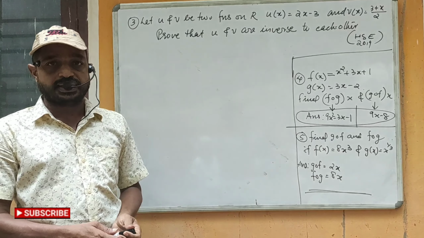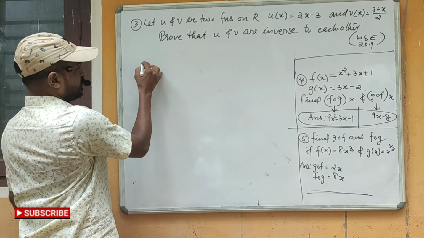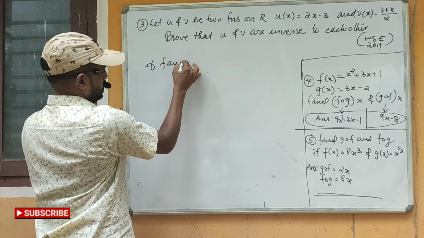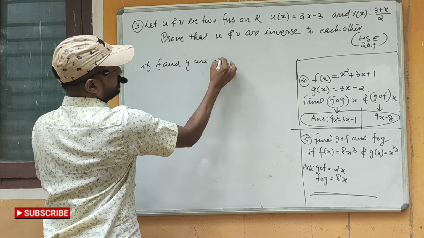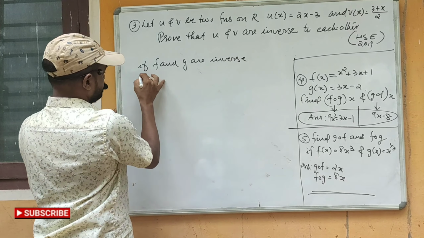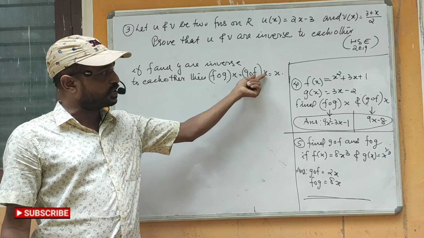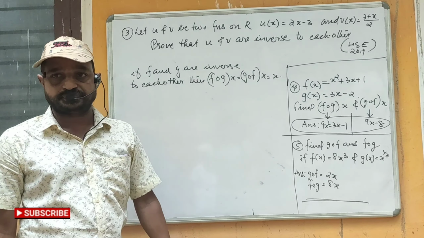We have seen that if f and g are inverse to each other, then f composition g of x is equal to g composition f of x is equal to x. We have seen this result.